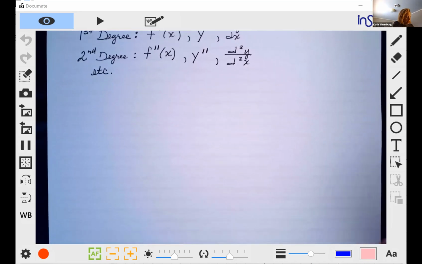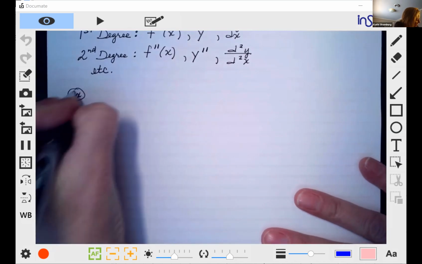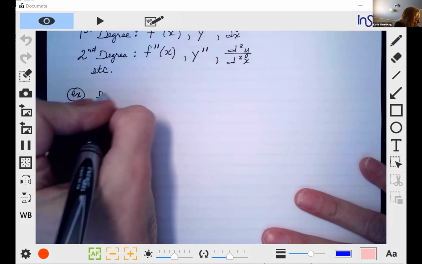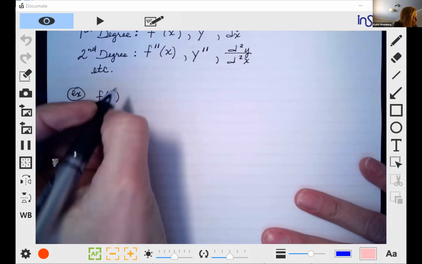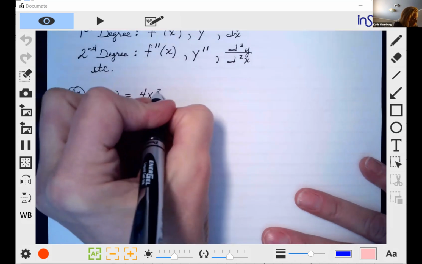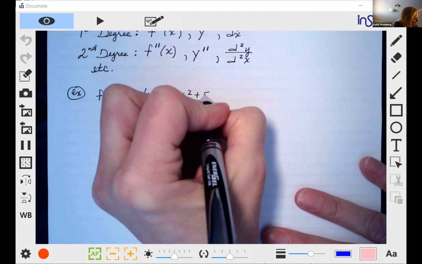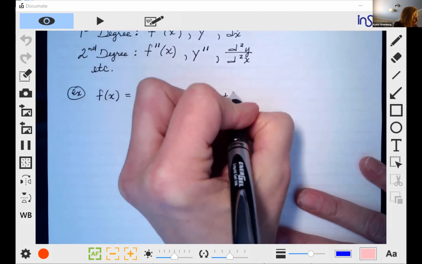So let's look at an example. So the original function is 4x cubed minus 6x squared plus 5x plus 7.